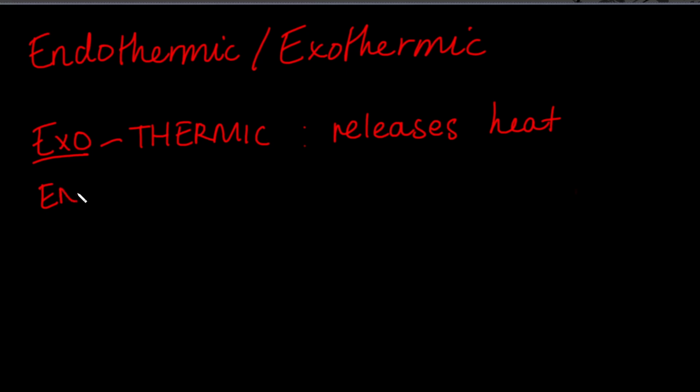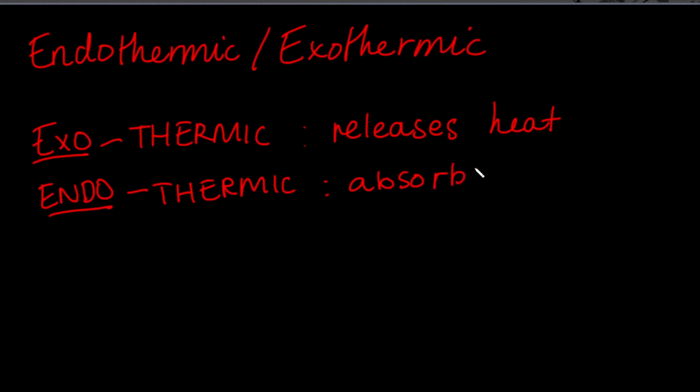We also have endo, with endo meaning inside, therm. It's a reaction that absorbs heat. And these are reactions that are a little bit less common. But if you think about things like instant cold packs and things like that, they often rely on endothermic principles. So when we relate this to enthalpy, exothermic reactions have a change in enthalpy that's negative, and endothermic reactions have a change in enthalpy that is positive.